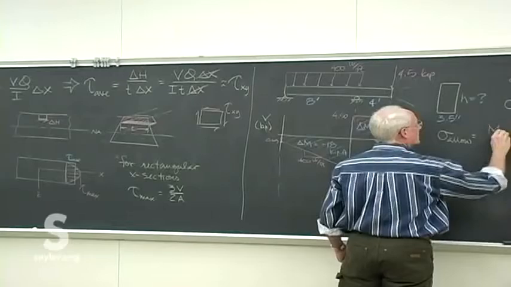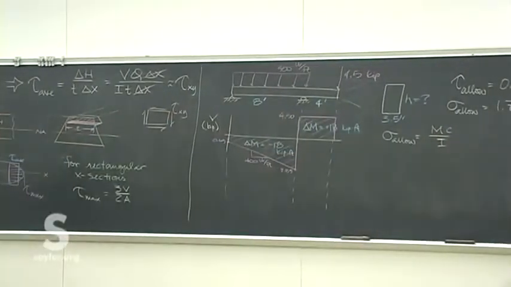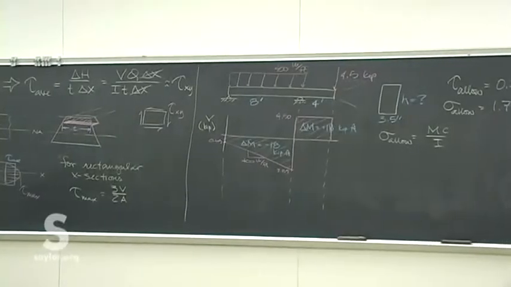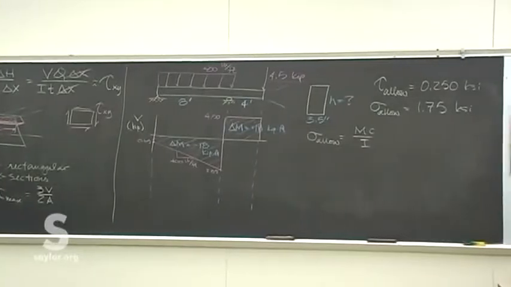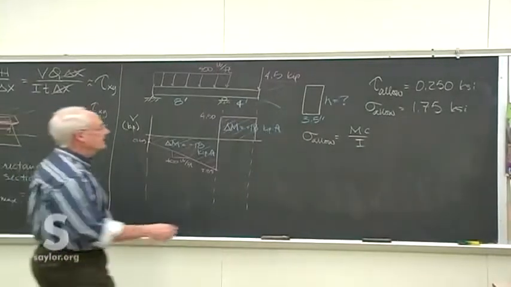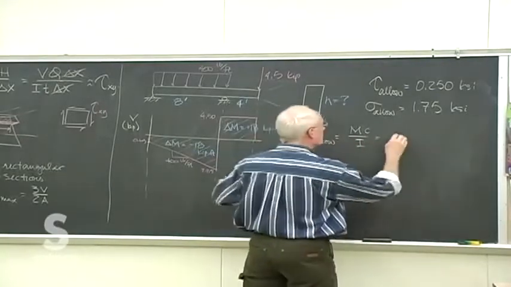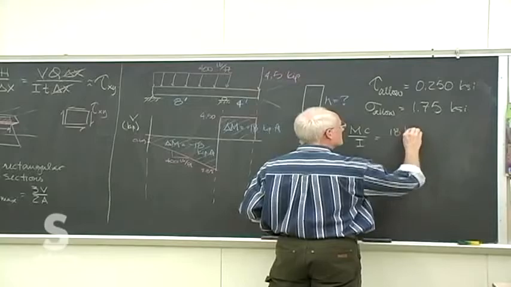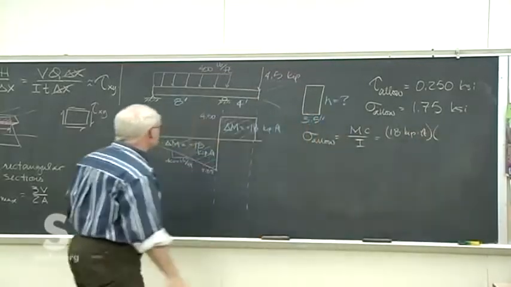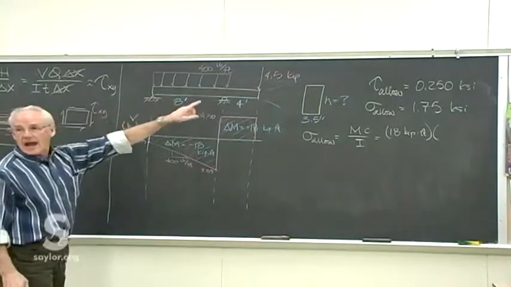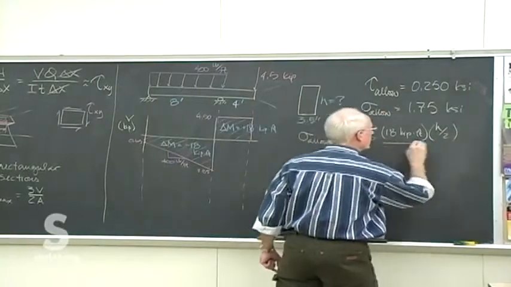which we can now figure out, at least in terms of h. Remember, h is unknown. So this comes out to be, let's see, we know the allowable normal stress. The moment is 18 kip feet. C is 1/2 h. Remember, h is unknown, but we'll be able to solve for it here.